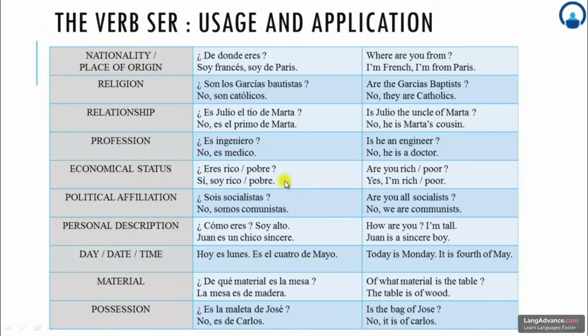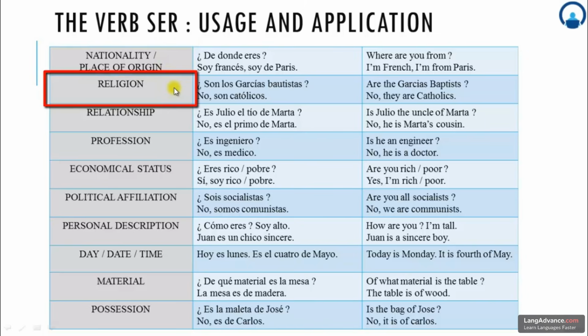As I said in the start of explaining this table, the verb ser is used for the fixed state. If you notice, all these states are fixed for any person. That is, the nationality and place of origin is not going to change for a person.